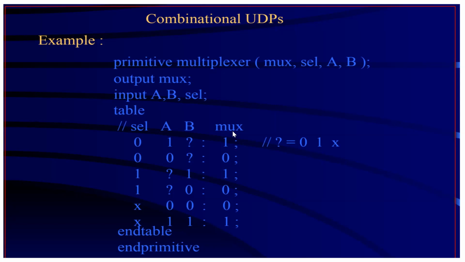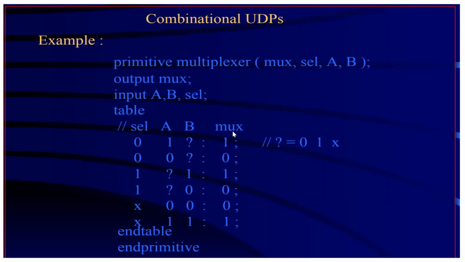Two to one mux. Select is 0, A is 1, don't know about B. Then what will come? Select is 0 means A is selected. Here a question mark means either 0 or 1.